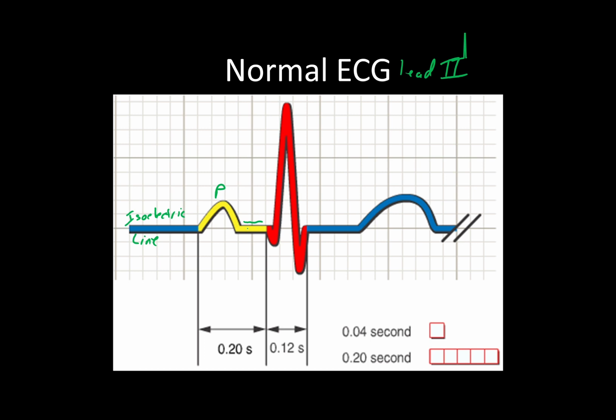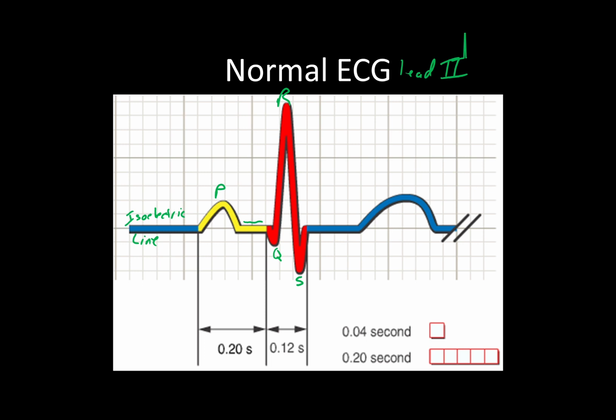Following this flat segment after the P wave, you're going to encounter your QRS. A Q wave is down, the first downward wave following the flat line, following the P wave. The Q wave goes down, followed by an R wave, which goes up, and then the R wave should be followed by an S wave.